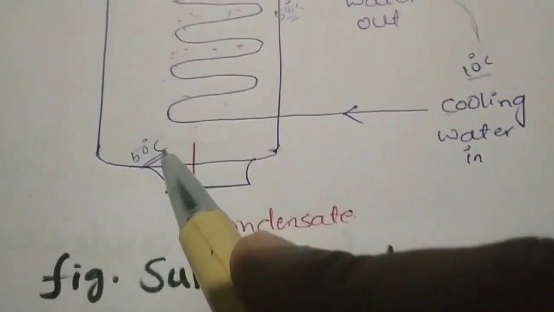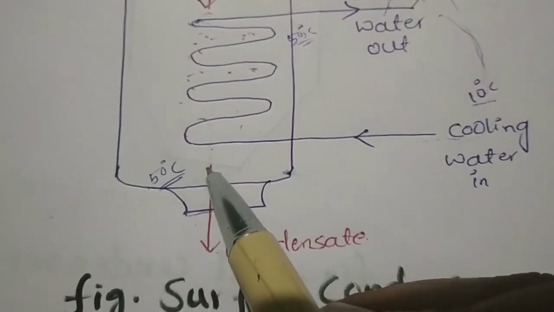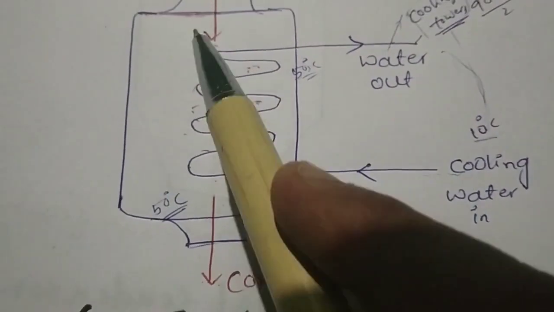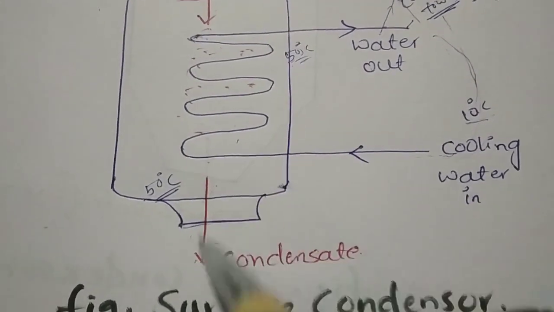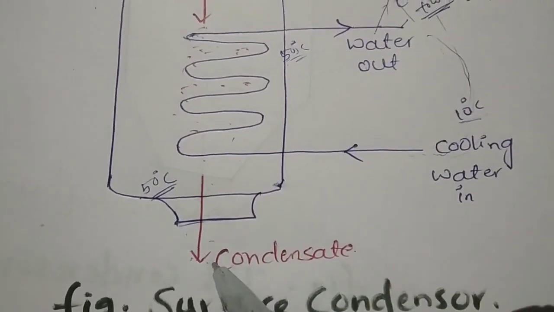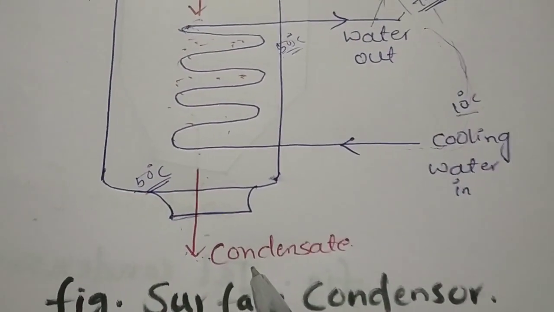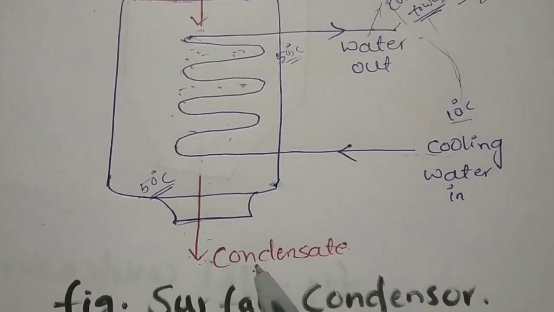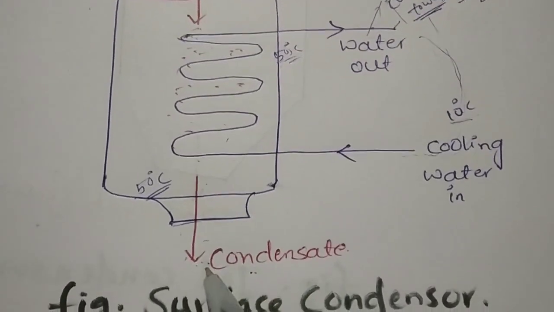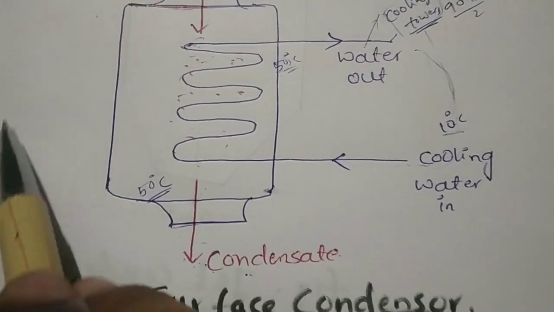And this condensate, I explained what is meant by condensate, whatever the liquid that is going to form after condensation is called condensate. This condensate, with the help of the extraction pump, will be extracted and sent to the hot well. If this condensate is perfect, that is, it is in a completely pure form, there are no impurities, then this condensate will be sent back to the boiler.